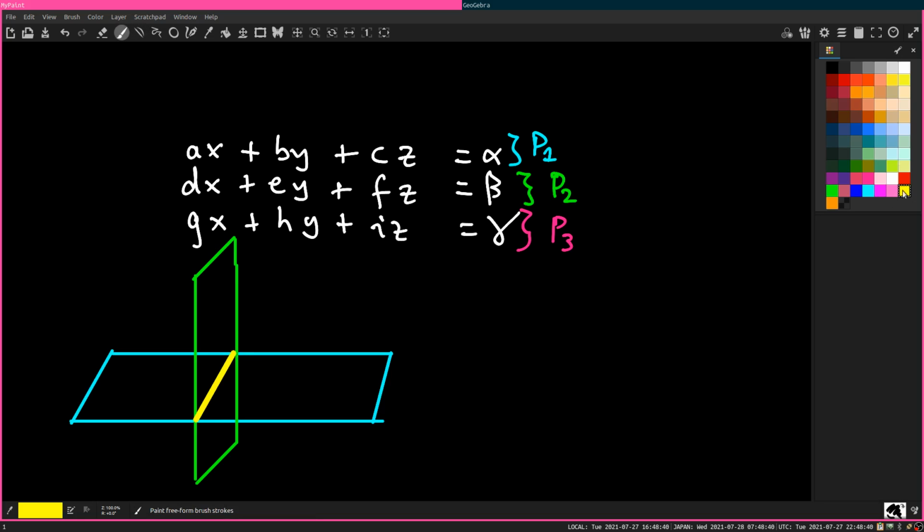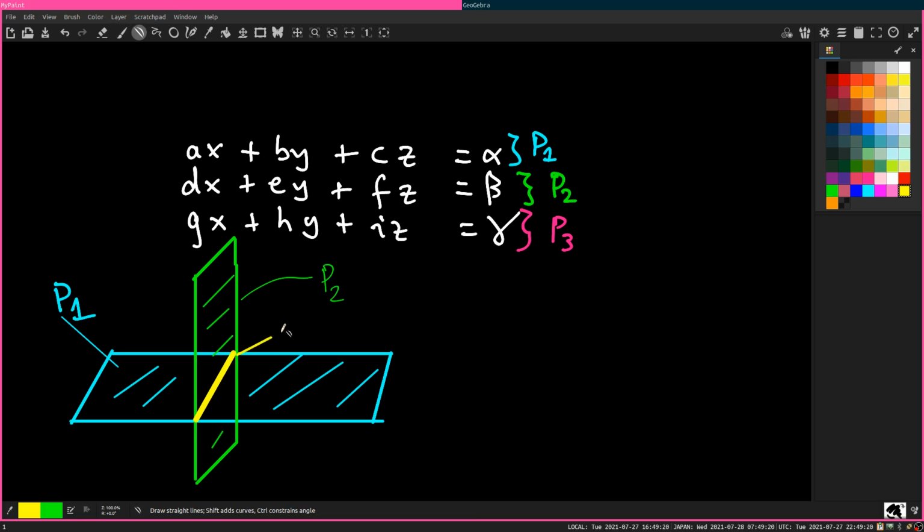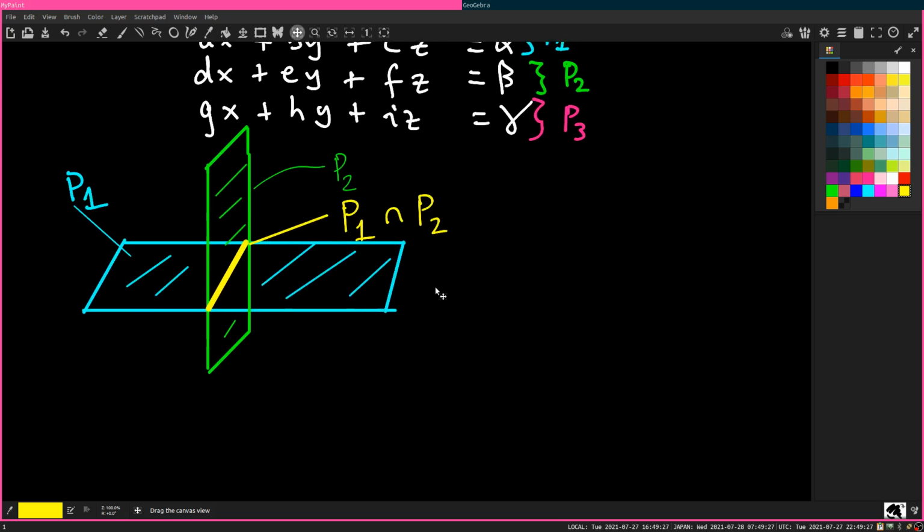Okay, and then this third one, I'm just going to take, so the set of points, the set of x, y, z, such that p1 and p2 are true, is, so let's call this blue plane, this is p1, and then this is p2, okay, and then this yellow is the meet of p1 and p2, or the intersection of p1 and p2.